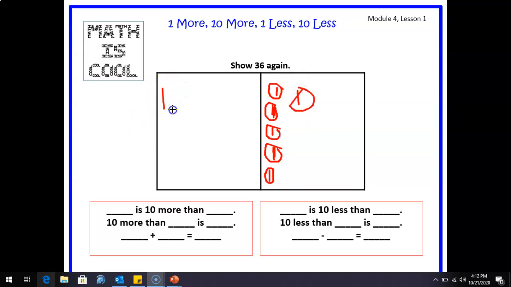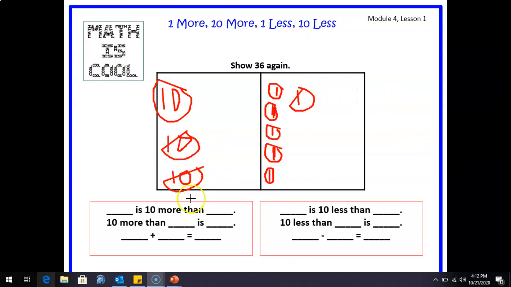And I have 10, 20, and 30. So I have 36. And I want you to show me 10 less than 36.